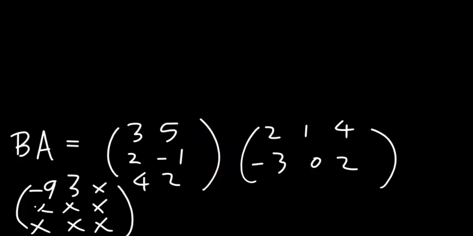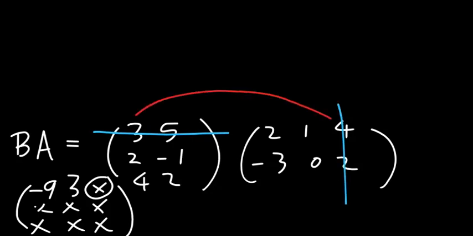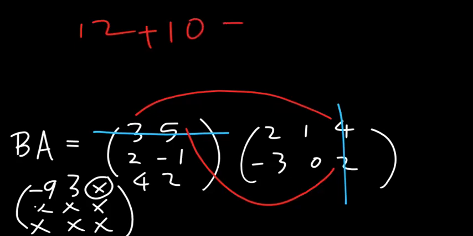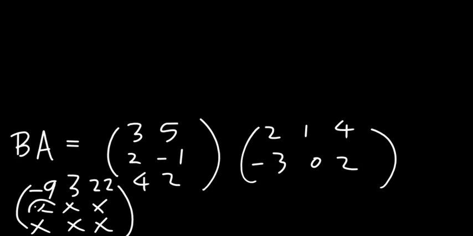Now that element occupying the first row and the third column. So that means first row of the first matrix times the third column of the second matrix. So 3 times 4, that is 12, plus 5 times 2, and that is 10. So that's going to give you 22. So let's move on to the second row of the product.